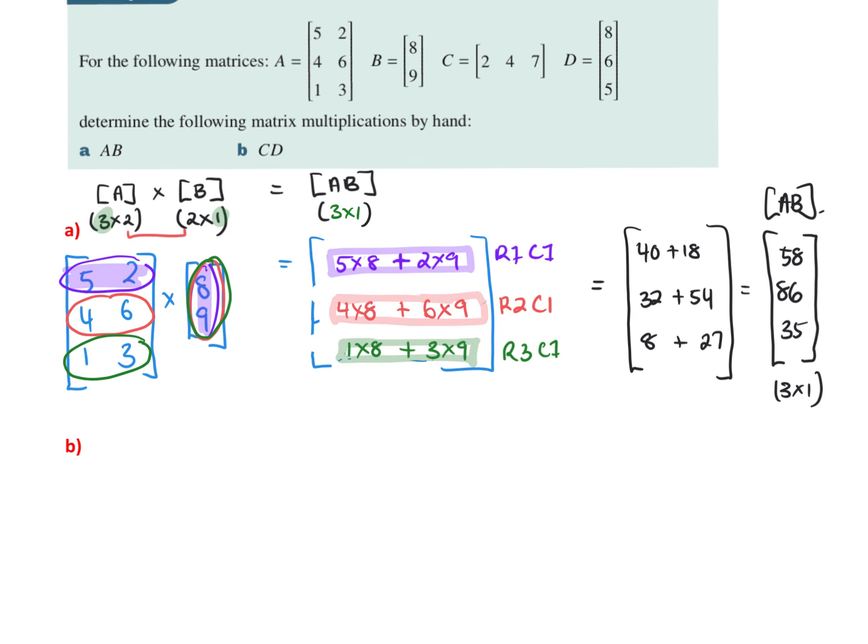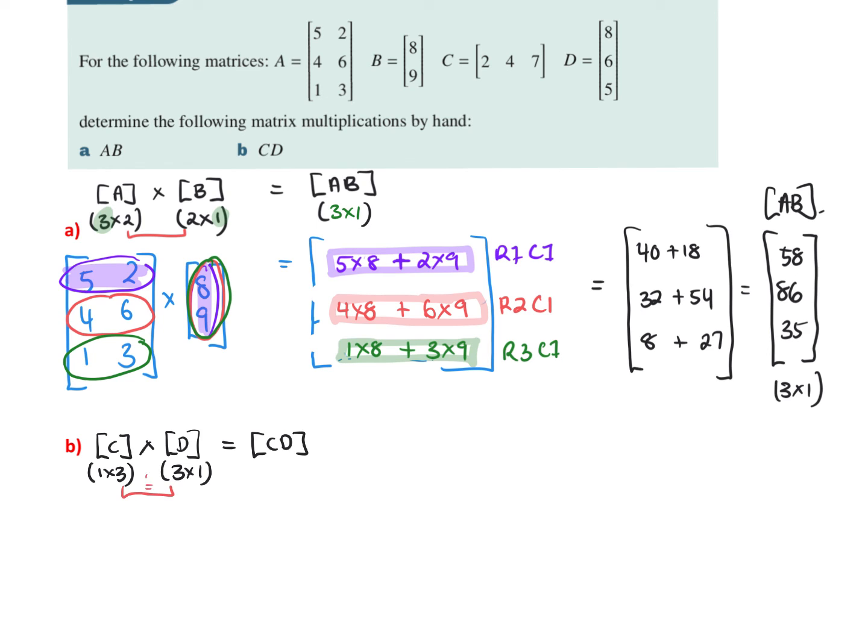So let's have a go at this next one. They're asking us to multiply C first multiplied by D. Okay, so let's check the orders first. What's the order of C? It's a 1 by 3, good. And D is a 3 by 1. So if we multiply them together and we will get CD, first we're going to check it's defined.